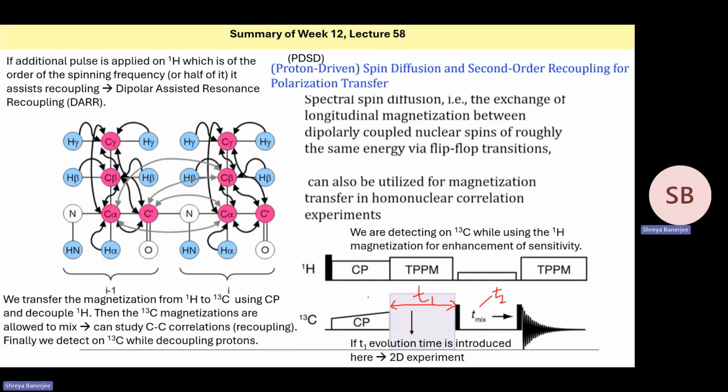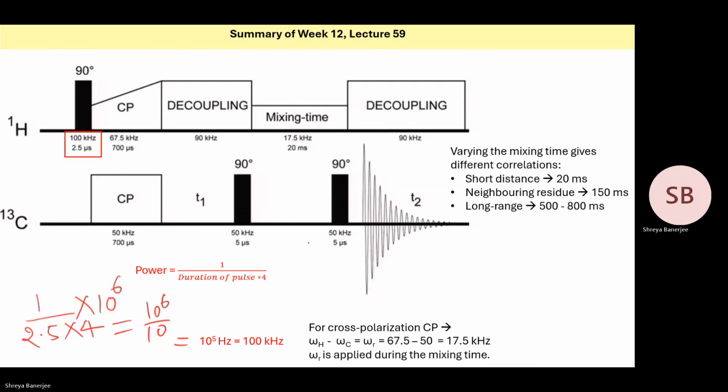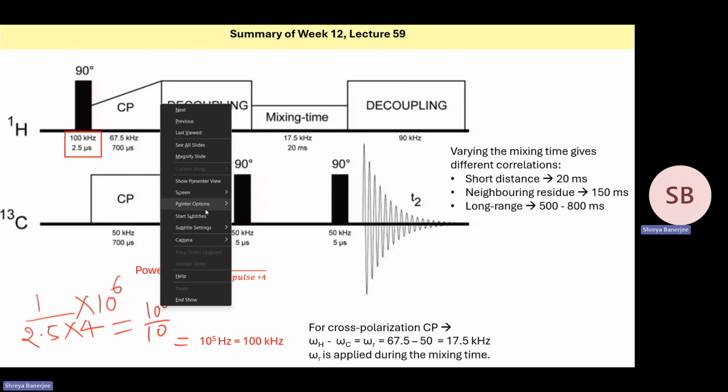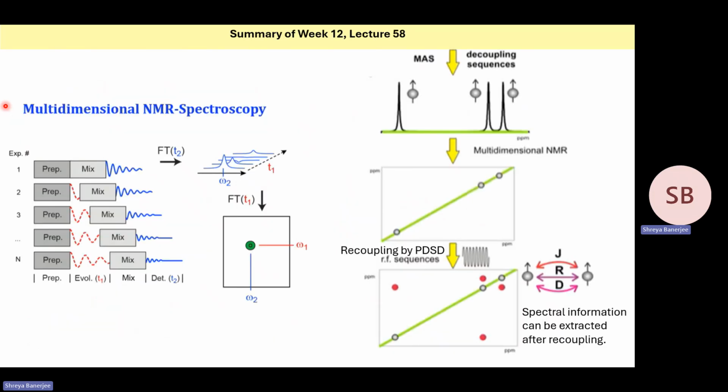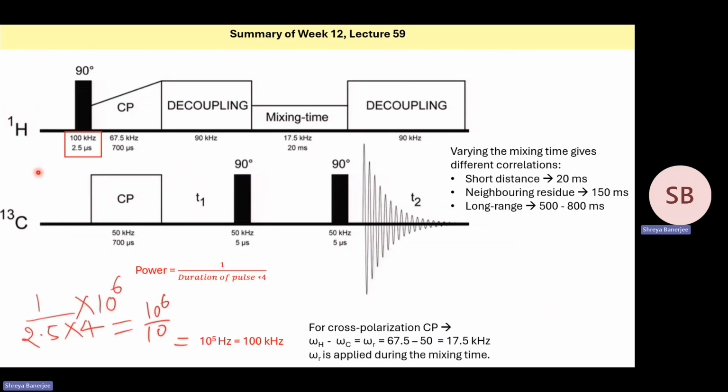Then you have two time axes and you will be able to get a 2D experiment. Basically, before we come to 2D, I'll discuss 2D in just one slide. We'll just look a little bit more into what we saw just now.